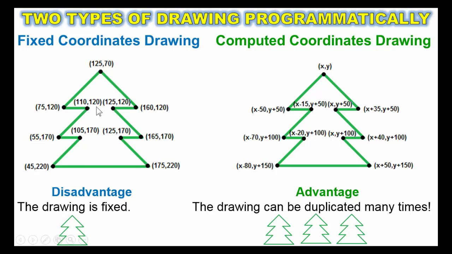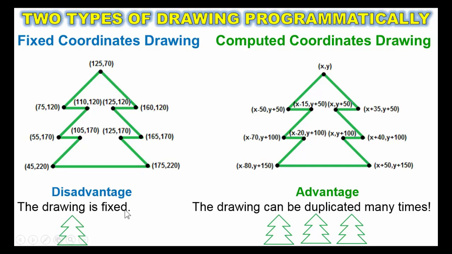And then another LINETO at coordinate 155, 170 will draw the next line until we go back where we started, until we draw this simple tree. The disadvantage of this kind of fixed coordinates drawing is that the drawing is fixed.